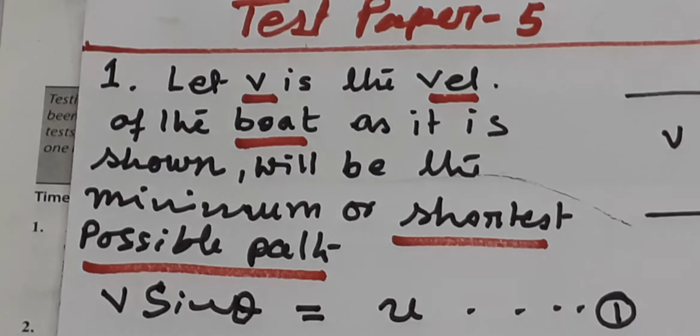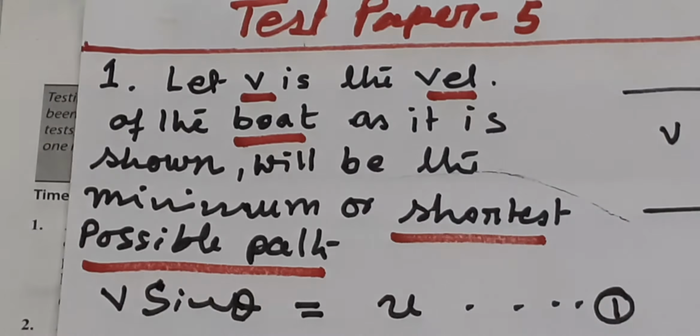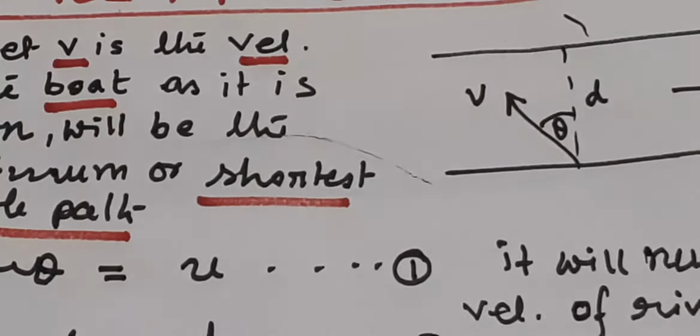Take a velocity v of the boat. We can consider the velocity of the boat is v as it is shown in the figure. Here, this is the width of the river, that is 1 kilometer.